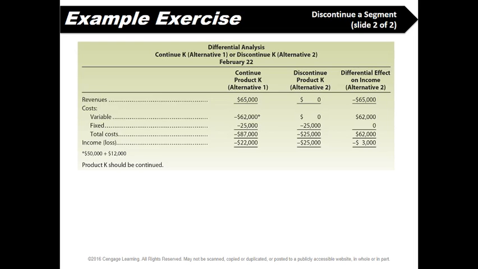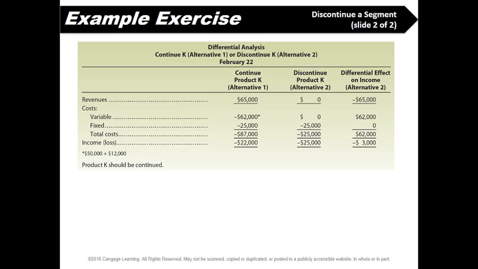Here we have the differential analysis on whether to continue or discontinue and what that difference is. As you can see, of course, we would not have the revenues, we would not have the variable expenses. However, we made the assumption the fixed costs would not be impacted. So, therefore, in this specific case, discontinuing product K results in an additional $3,000 that might be lost.